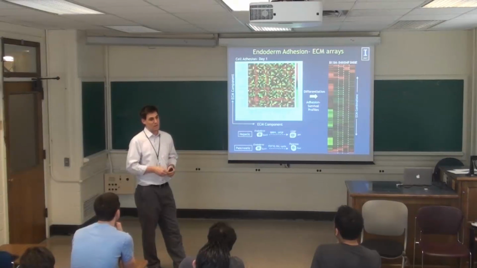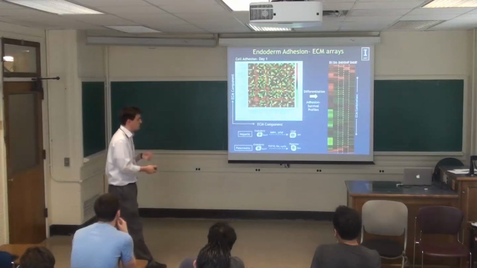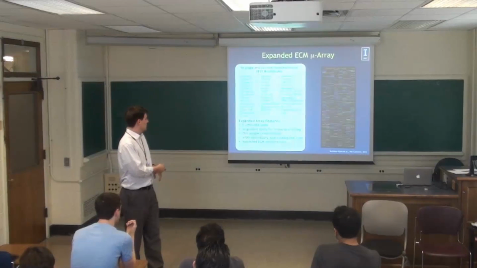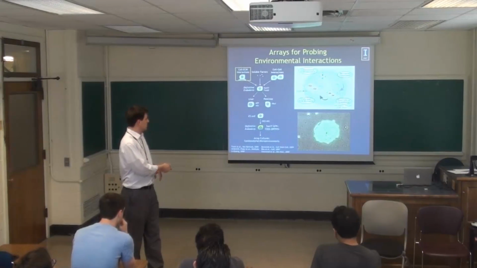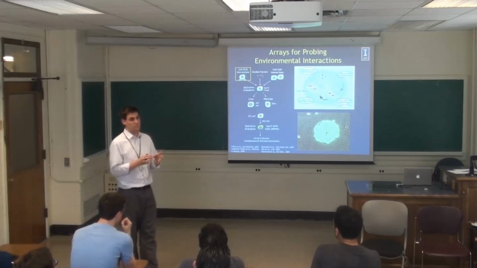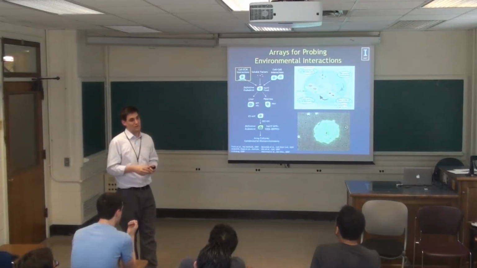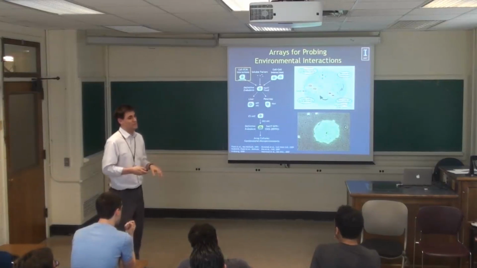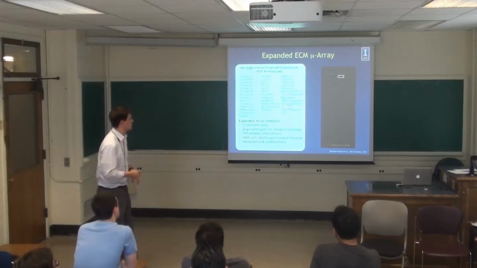I didn't talk about the spacing. For these arrays, the diameter of one island is 150 microns, and there's 450 micron center-to-center spacing. So they're not right next to each other, so they would have to float around a little bit. We can't totally rule that out, but I think it's less likely to be the situation.